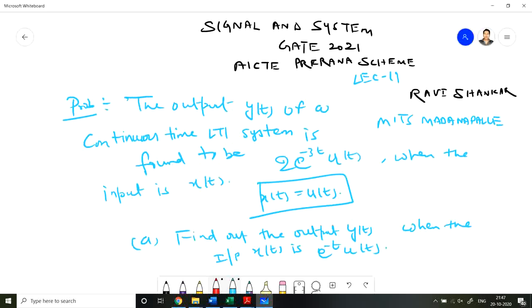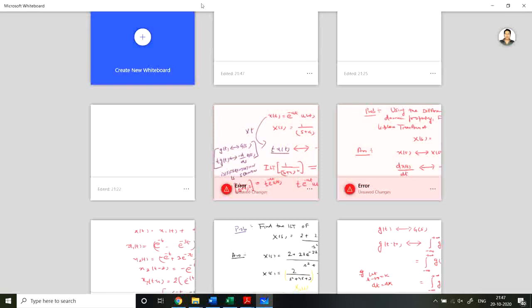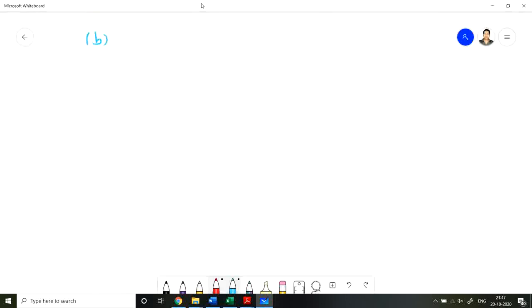So let us solve this problem. And also we have a part b. Part b is find out the impulse response.